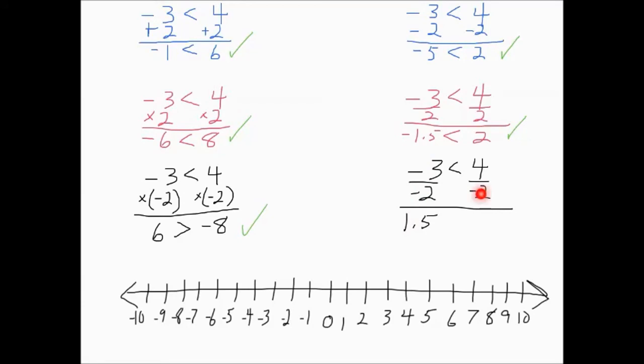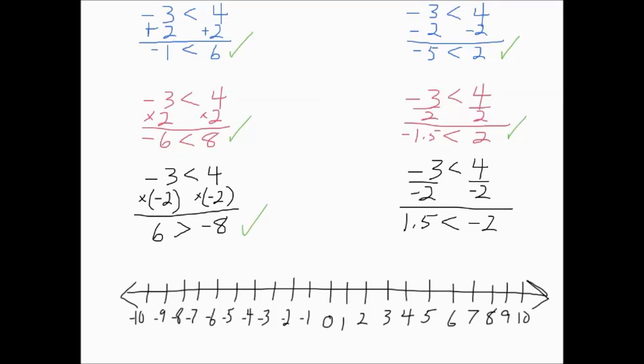And a positive divided by negative is negative, so I'm going to get negative 2 on this side. What if I were to keep the inequality the same? Is this true? Is negative 2 bigger than positive 1.5? Here's positive 1.5. Here's negative 2. No! Negative 2 is smaller.